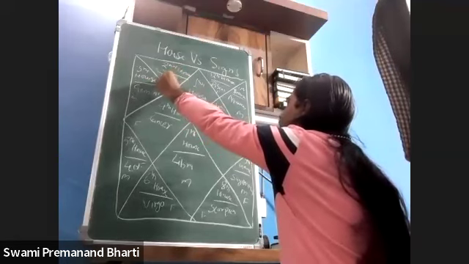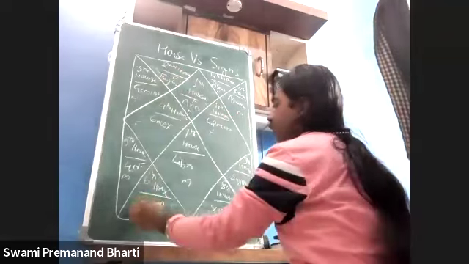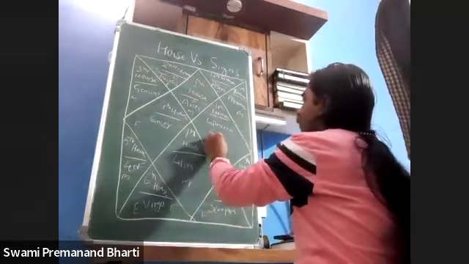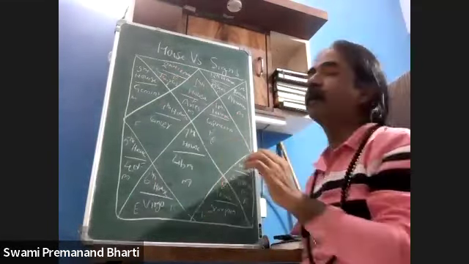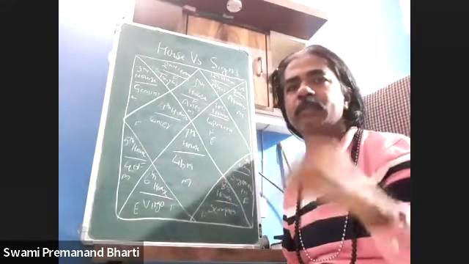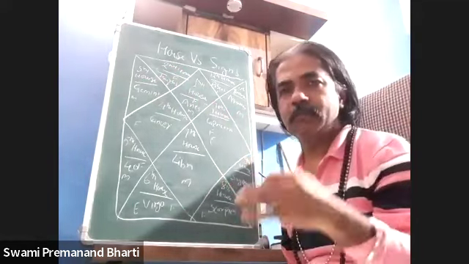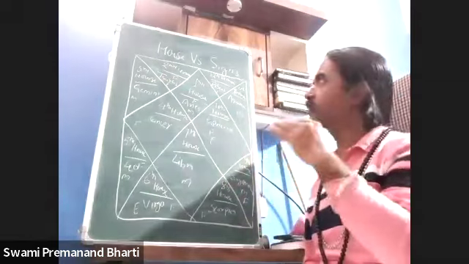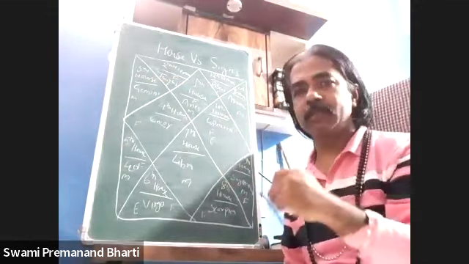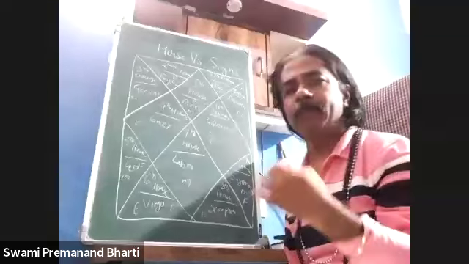The earth signs are Taurus, Virgo, Capricorn. Okay. What is the quality of earth? Earth provides you the ground, the balancing point where you can balance yourself. That is earth. So if a person has more planets in earth signs, Taurus, Virgo, and Capricorn, they can be very balanced people.